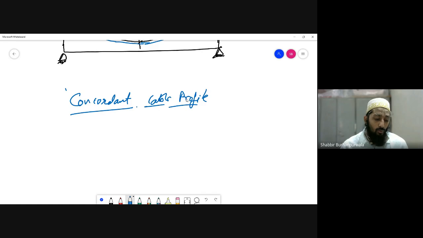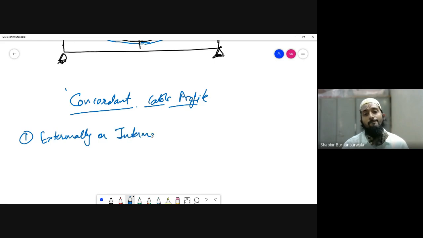The first type of differentiation is externally or internally pre-stressed. Now, what do you mean by externally pre-stressed? Externally pre-stressed means pre-stressing cables not contained within the concrete cross section.